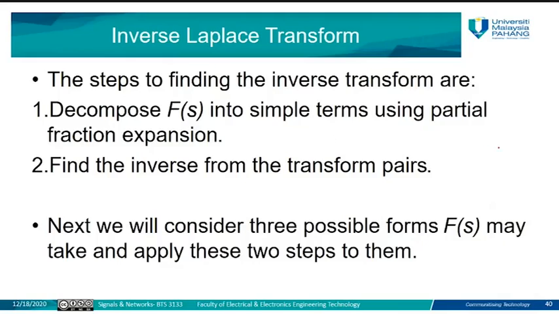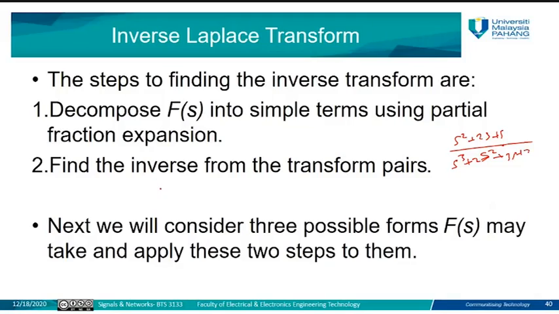So instead of having s squared plus 2s plus 5 over s cubed plus 2s squared plus 3s plus 2, you are going to use the form of partial fractions, so it becomes easier for you to find it in the table of the Laplace transform that we saw before.